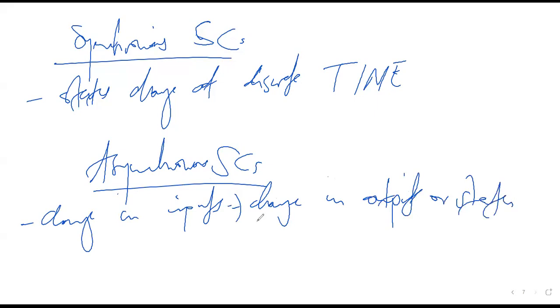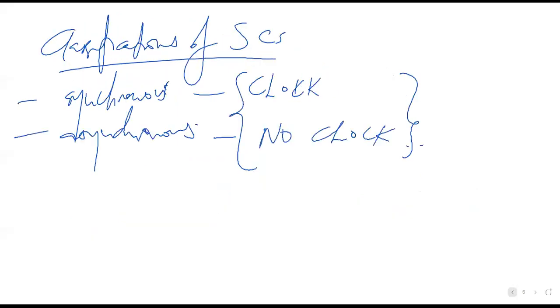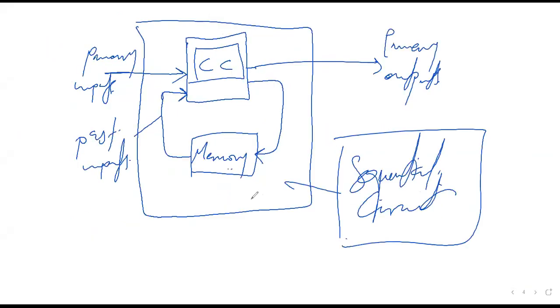For asynchronous circuits, the change in the inputs means there is a change in the state or change in the output. What do I mean by that? Back to our diagram. For combinational circuits, if the input changes, the output changes. For asynchronous sequential circuits, if the input changes, the output changes.